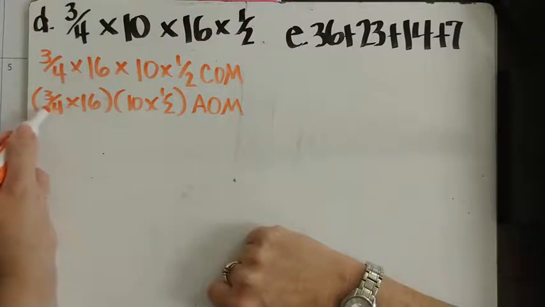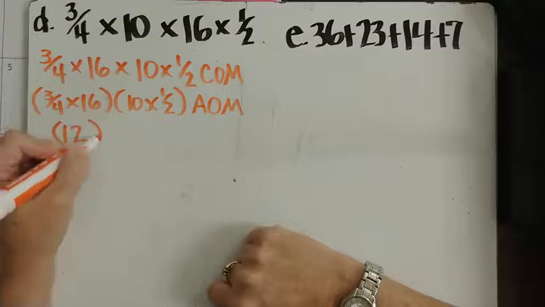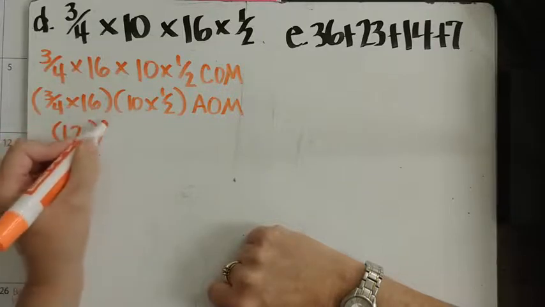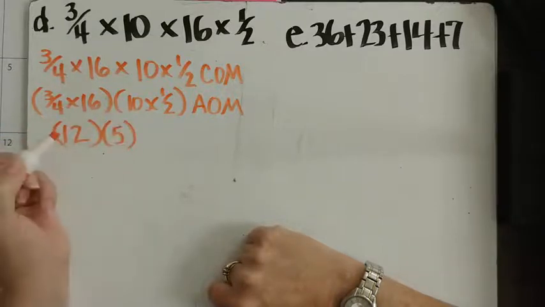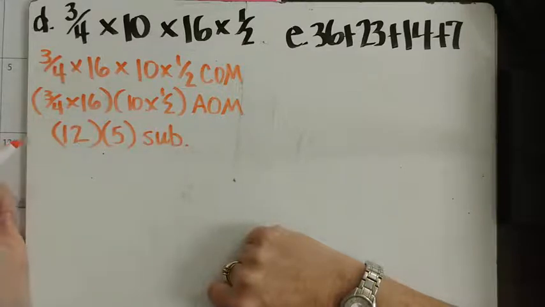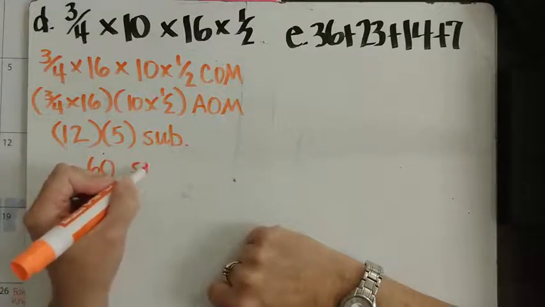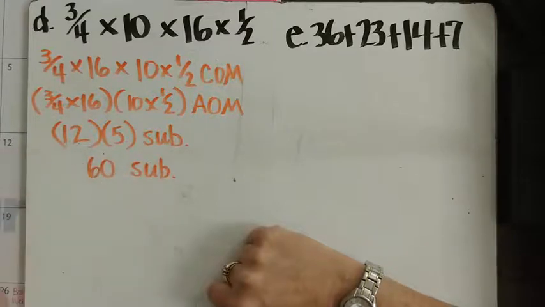Let's simplify. 3/4 times 16 is 12. And 1/2 of 10 is 5. This is substitution, just like the last one. 12 times 5 is 60, and that would be substitution as well.